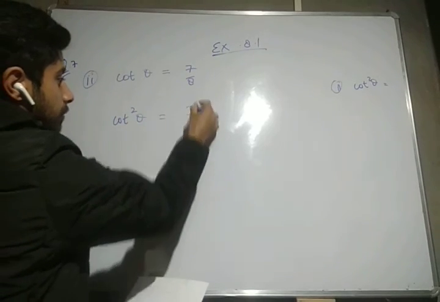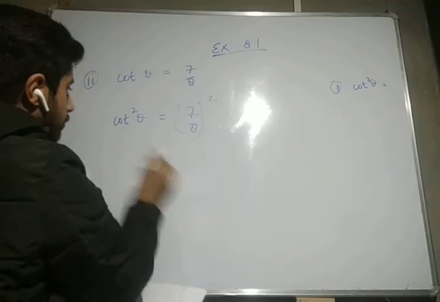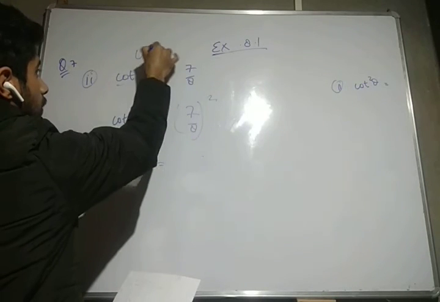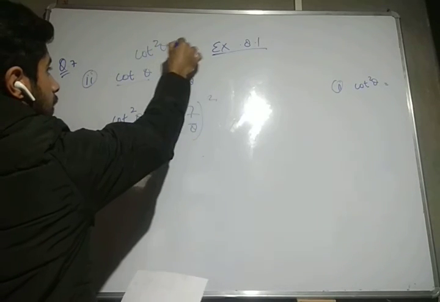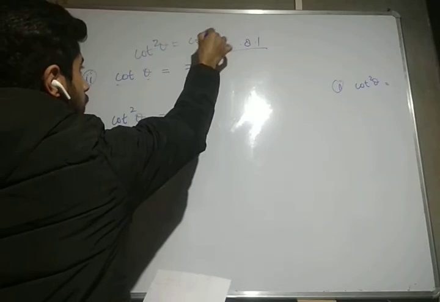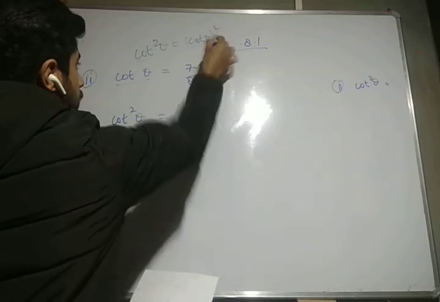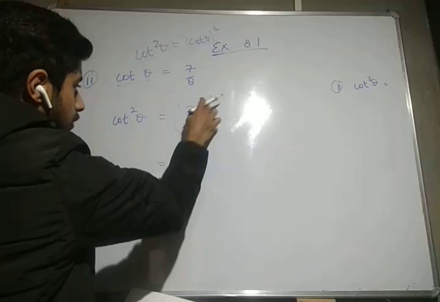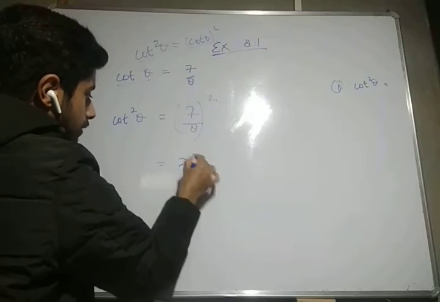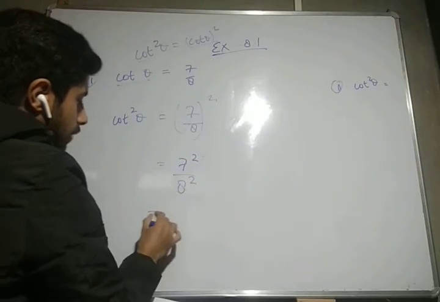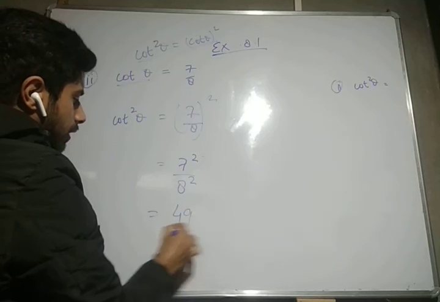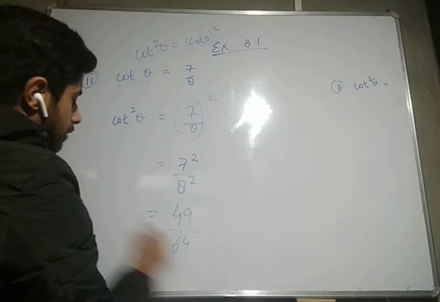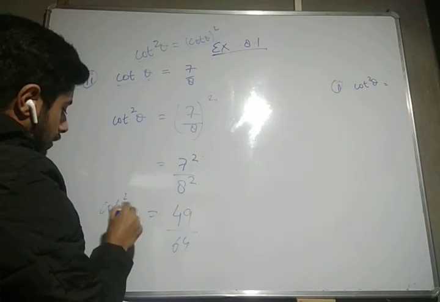So it is 7 by 8 whole square, because cot square theta is cot theta whole square. This is one and the same thing. So this square will be distributed to this and this. This is 7 square by 8 square. 7 square is 49 and 8 square is 64. This is your cot square theta.